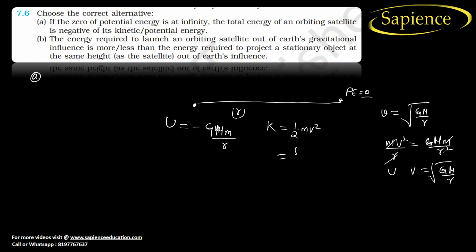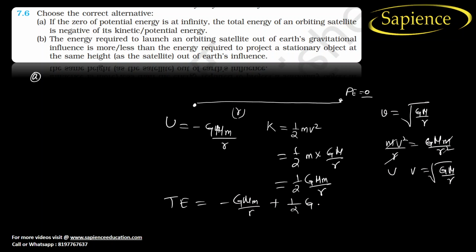When we put it here, half m v square becomes half G M m by r. So when we talk about total energy, total energy will be minus G M m by r plus half G M m by r, which is equal to minus half G M m by r.